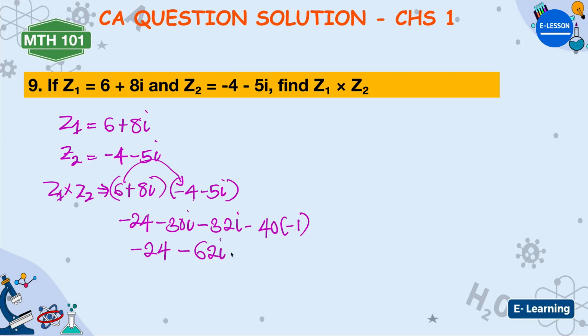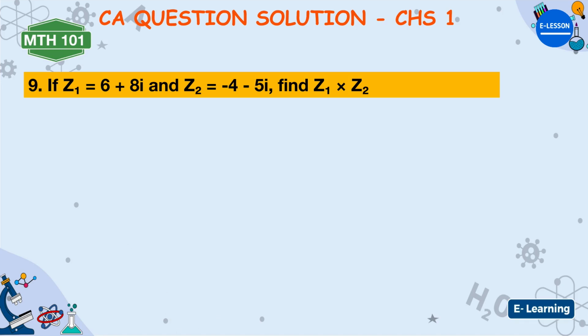Minus 1 times minus 40 will give us plus 40. So we have minus 24 plus 40 minus 62i if you rearrange. Minus 24 plus 40, my dear student, that will give us what? 16 minus 62i. And that is the answer to that question. It's a very simple one.